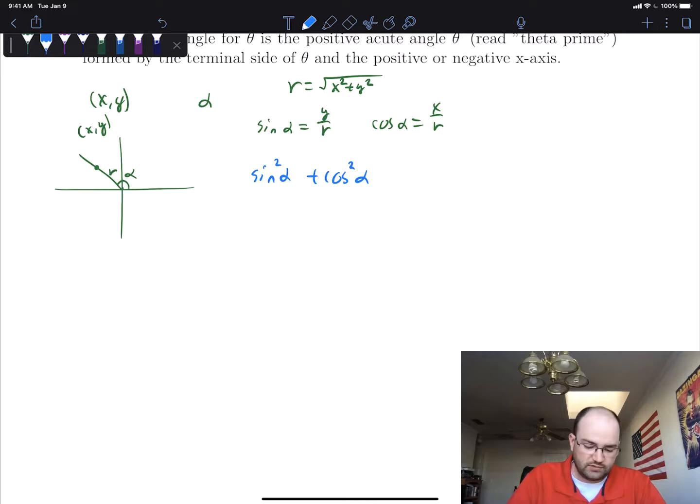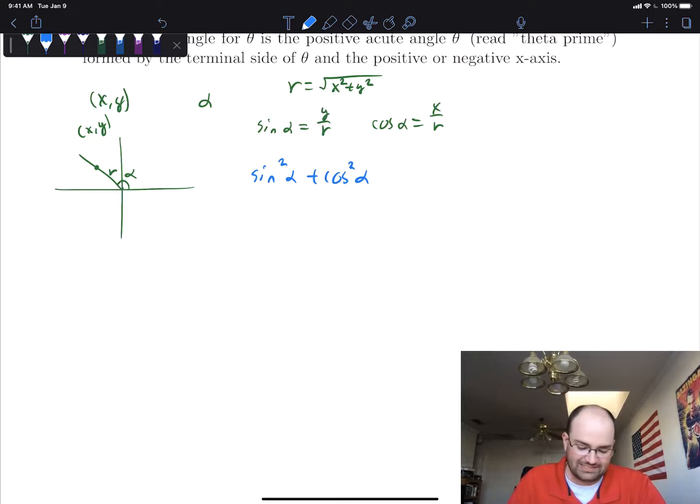We do that so we don't confuse it with sine of alpha squared, which you would assume means something different. The same thing goes for cosine squared alpha.